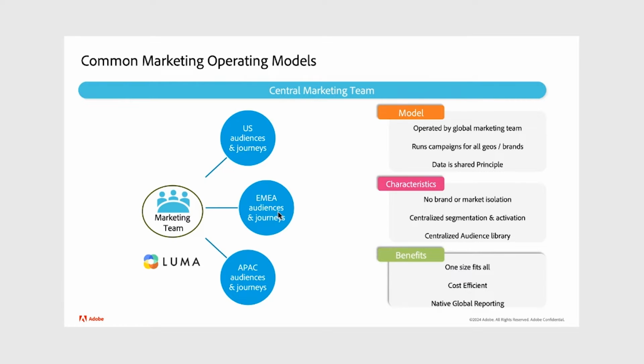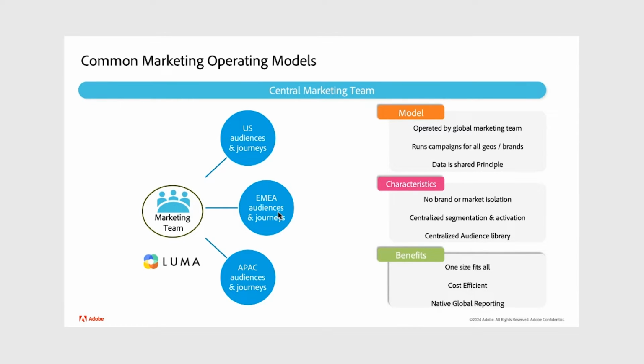So we find this kind of model for companies that make their business on the internet. Everything is standardized. They share processes to address their different lines of business or different geos. So that's very efficient.